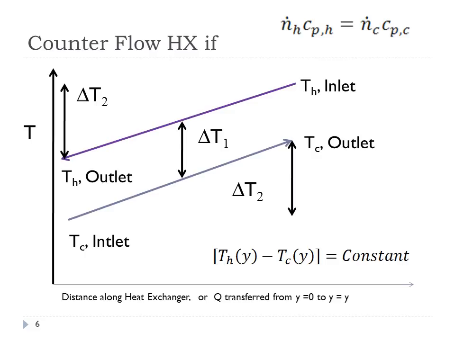Under that case, the temperature difference between the hot and cold side is constant across the heat exchanger, and that greatly simplifies the calculations. That temperature gradient we're calling delta T1, and what we're calling delta T2 is the actual temperature rise from the inlet to the outlet on the cold side, or vice versa on the hot side from the inlet to the outlet.